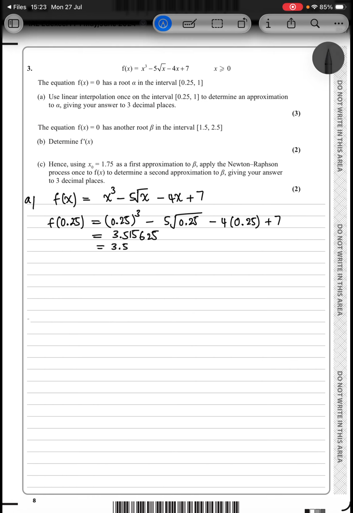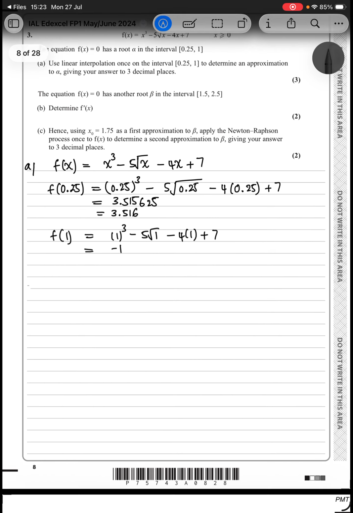So 3.516. Now we can find f of 1. 1 cubed minus 5 into square root of 1 minus 4 into 1 plus 7. 1 minus 5 minus 4 plus 7, that is equal to minus 1.